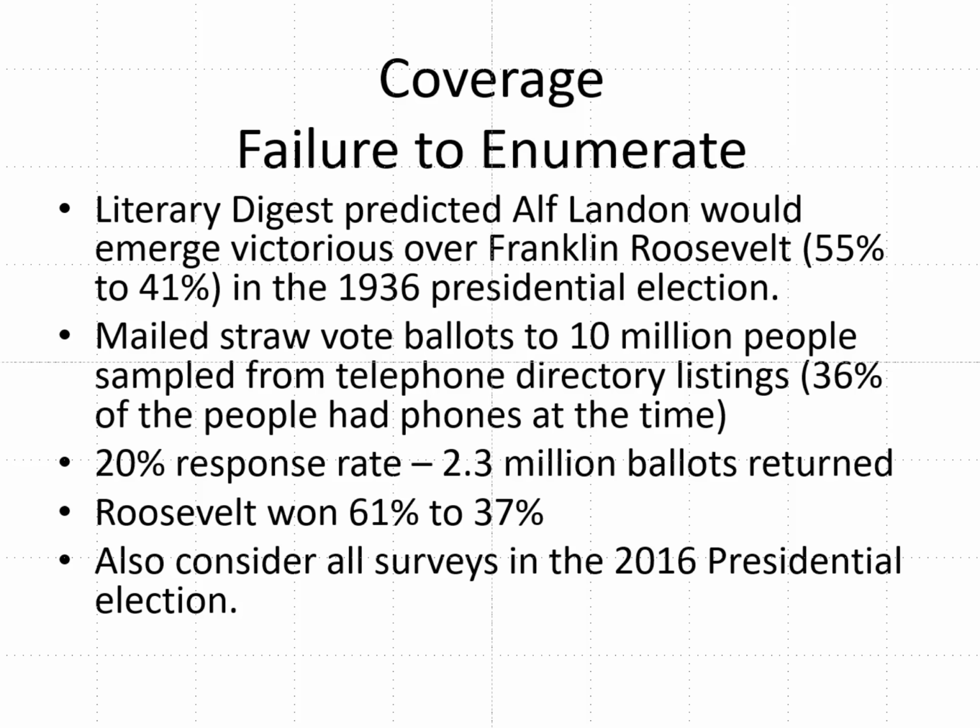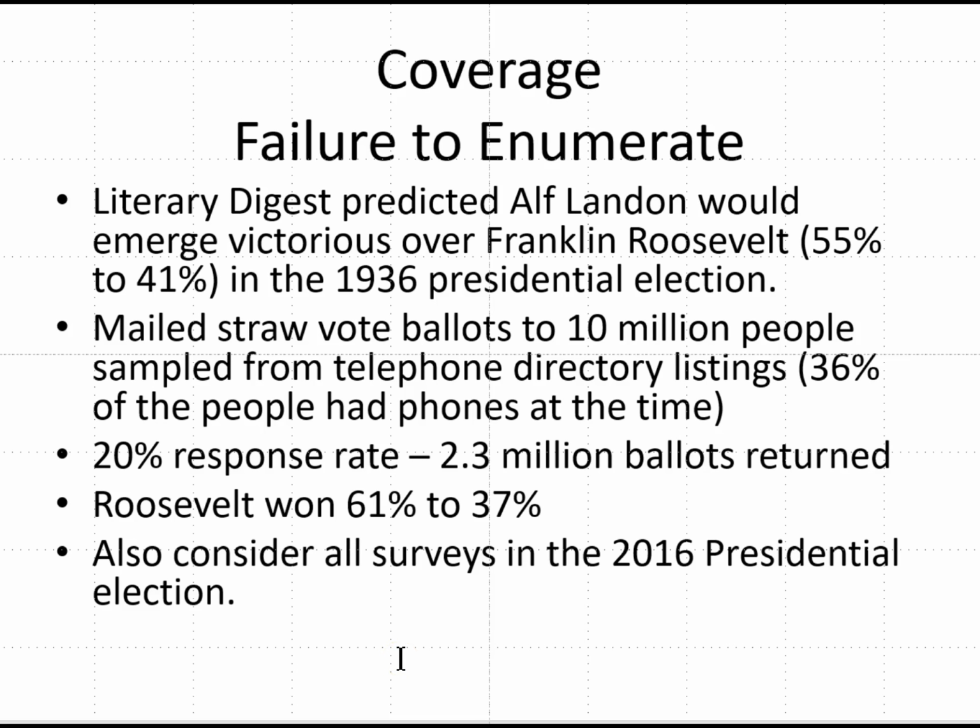Now they came to this conclusion because they mailed out ballots to 10 million people, and they sampled those people from telephone directories. 36% of the people had phones at the time, and they got a 20% response rate. They had 2.3 million ballots returned to them.